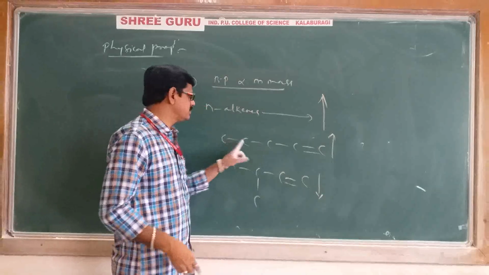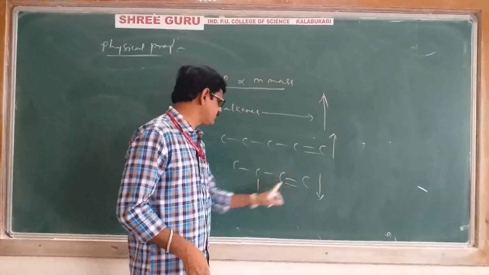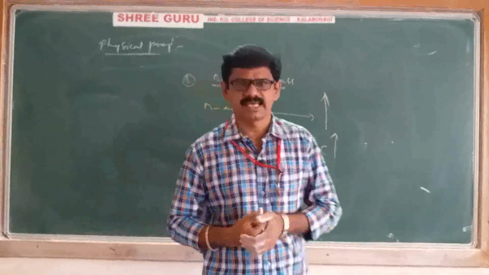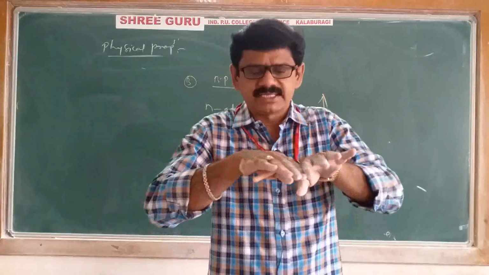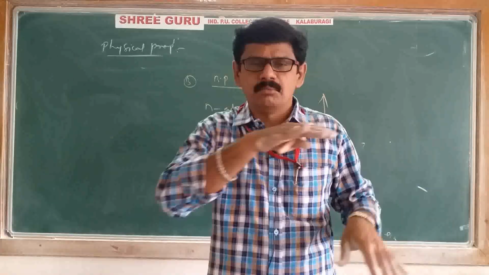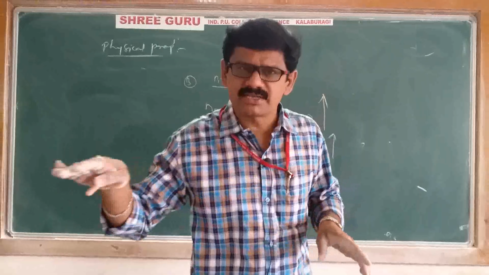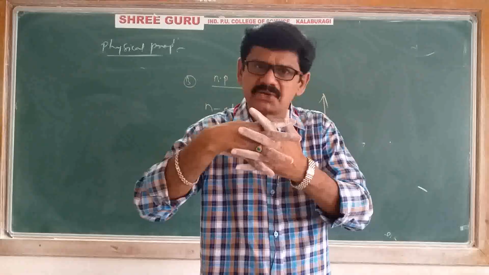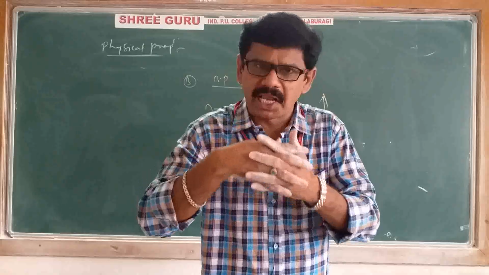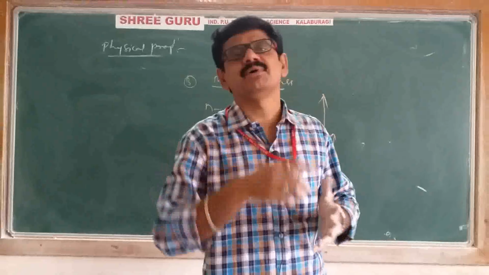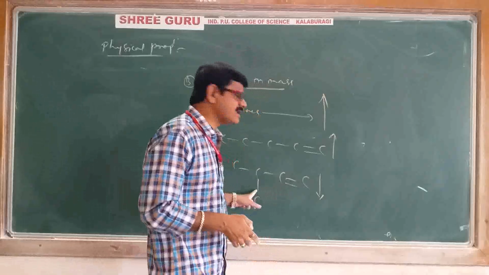The reason we have already discussed in alkanes. If it is a normal chain, more surface area will be there. If more surface area is there, there are more intermolecular attractions. If there are more intermolecular attractions, the boiling point is higher. If branches are there, what happens?